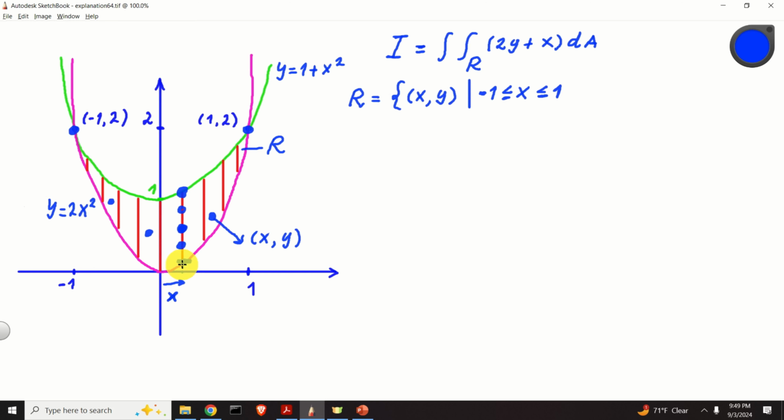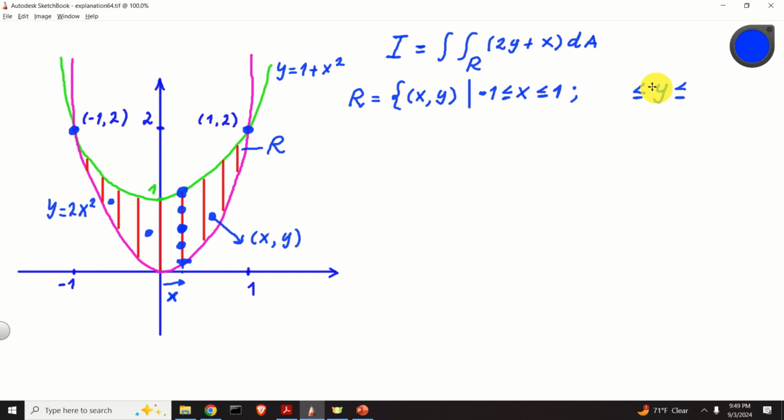However, the coordinates of the points y are in the interval from this lower parabola to the upper parabola. Consequently, y has to satisfy this. We have that y is in this interval.